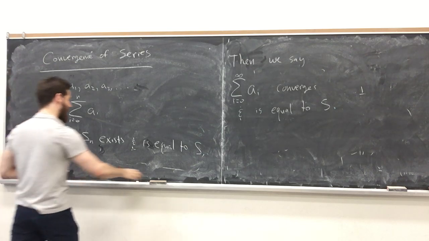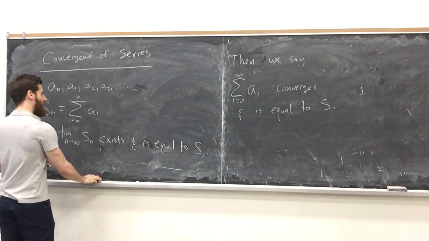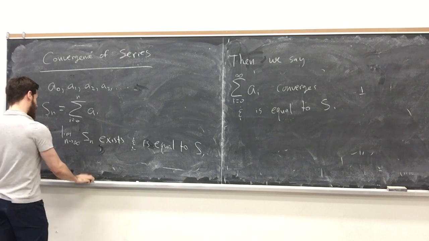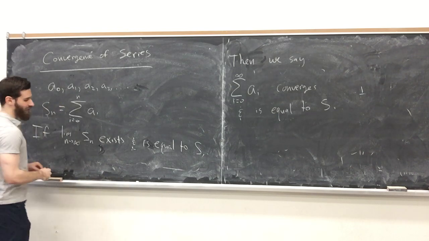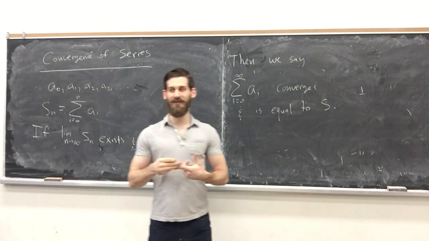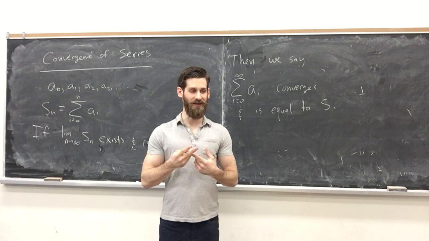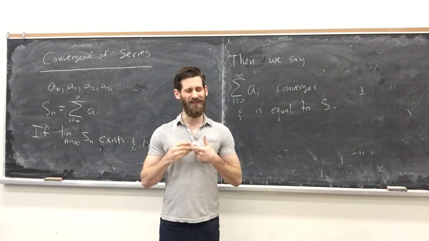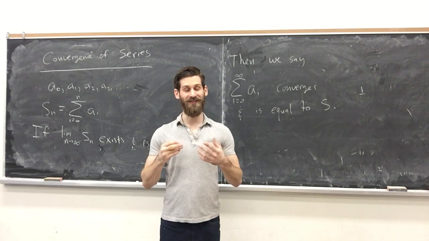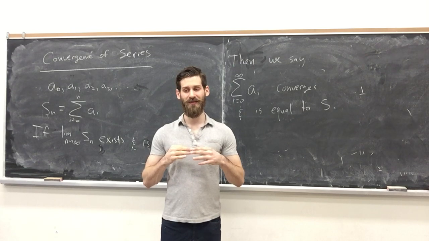So basically, if we have an infinite sum, there are two basic questions you could ask. One is, does the series converge? And two is, if the series does converge, what does it converge to? Now the second question is very difficult in general.